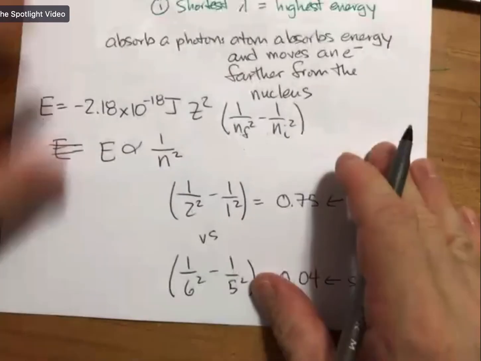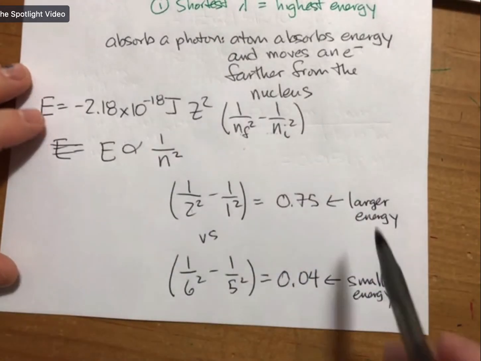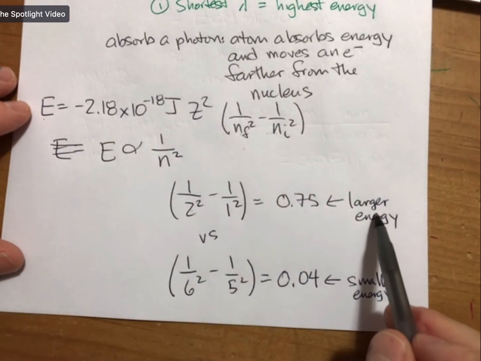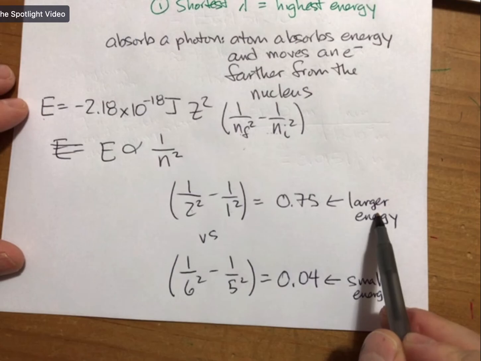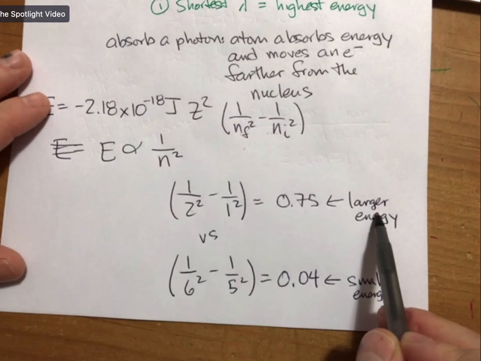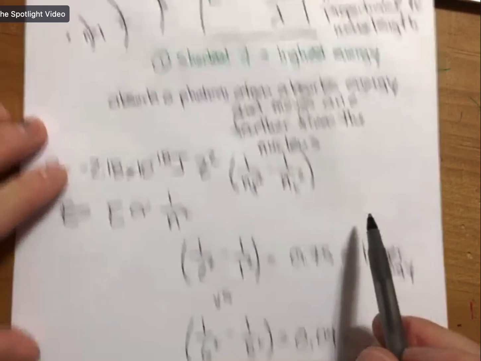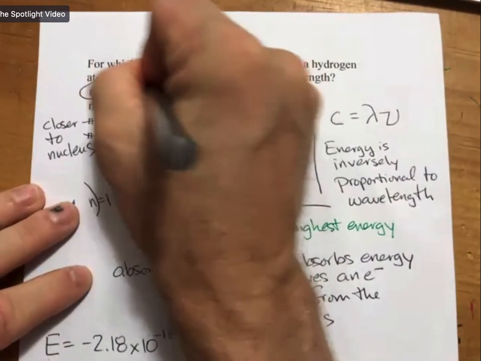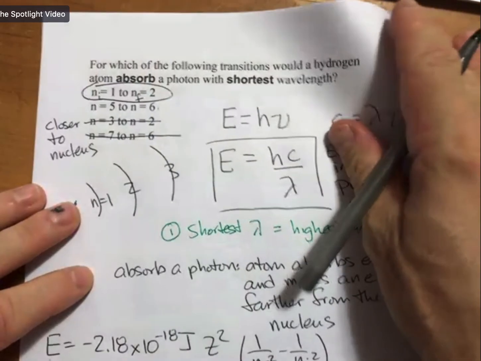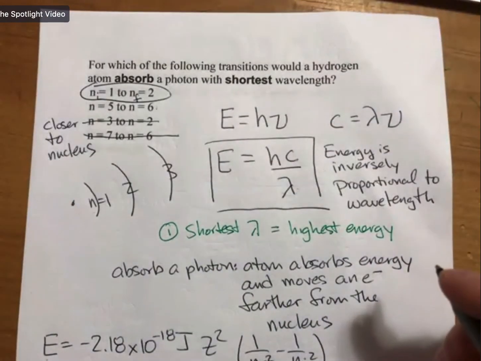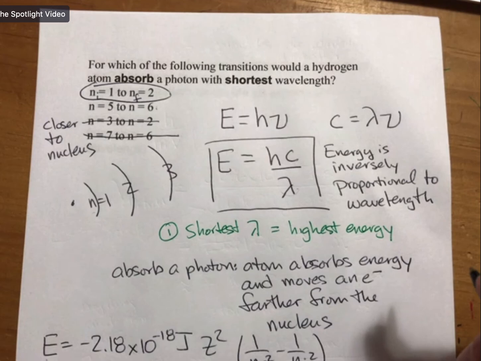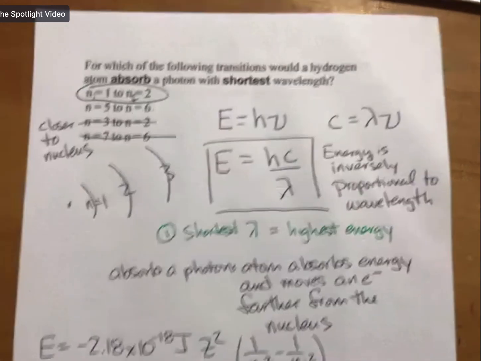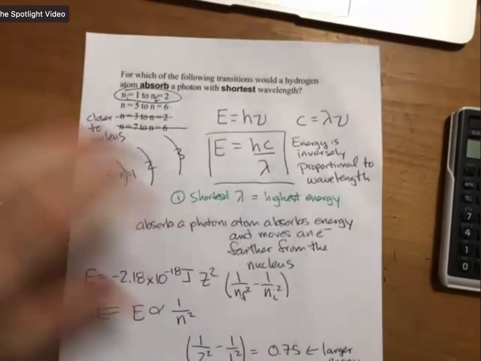Let me keep that up there just for another second. So we're looking for the larger energy because we're looking for the shorter wavelength, and the larger energy jump would be from n equals 1 to n equals 2. Nice work. Let me zoom out a little bit so you can get the whole picture there for a second.